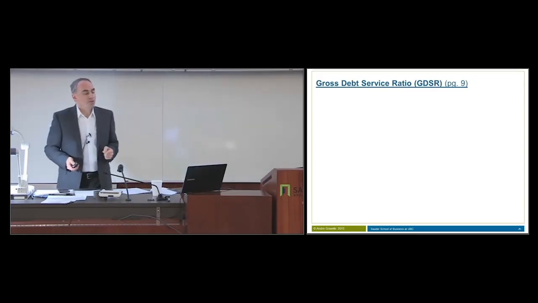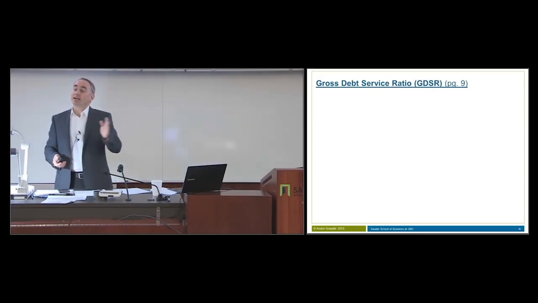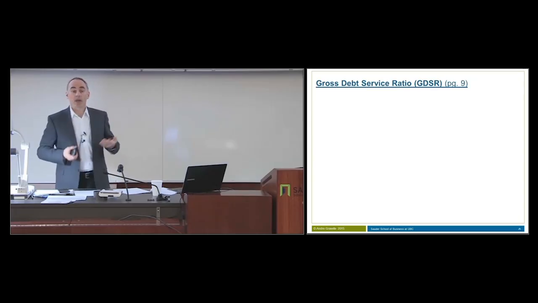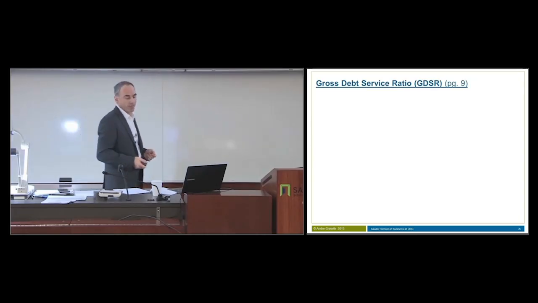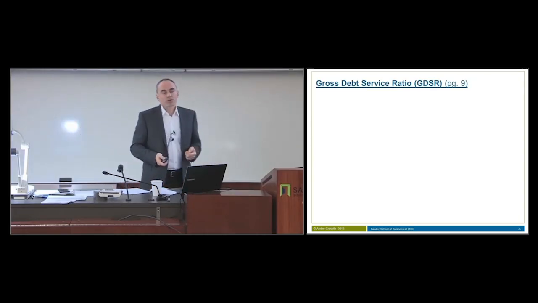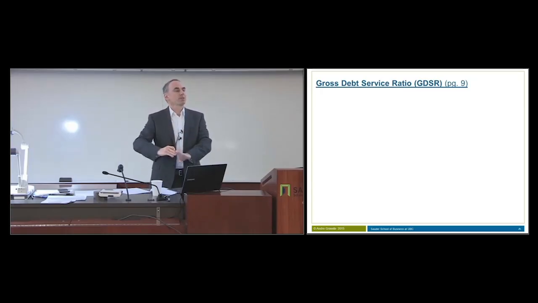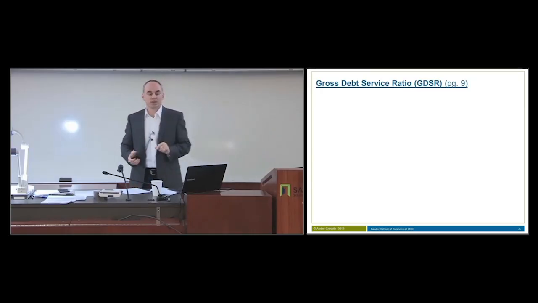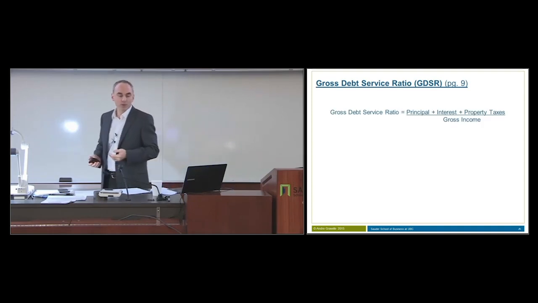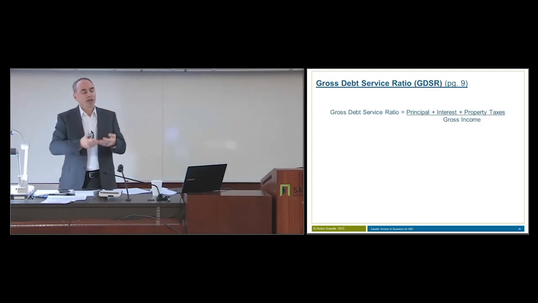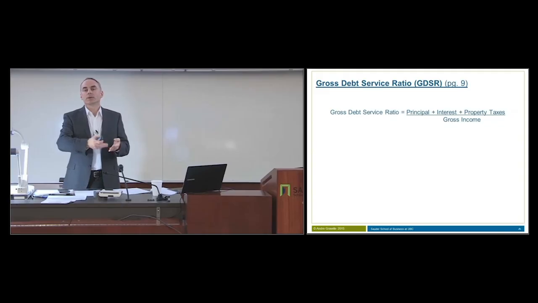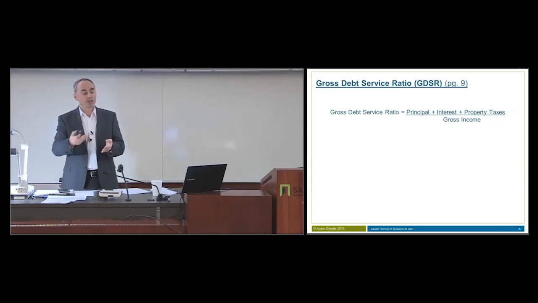So the gross debt service ratio, often abbreviated GDSR, so we see GDSR, that means gross debt service ratio. The gross debt service ratio is a ratio, and a ratio simply means there's something relative to something else, so something compared to something else. In this case, the gross debt service ratio is equal to the principal that you would be paying on a mortgage plus the interest.